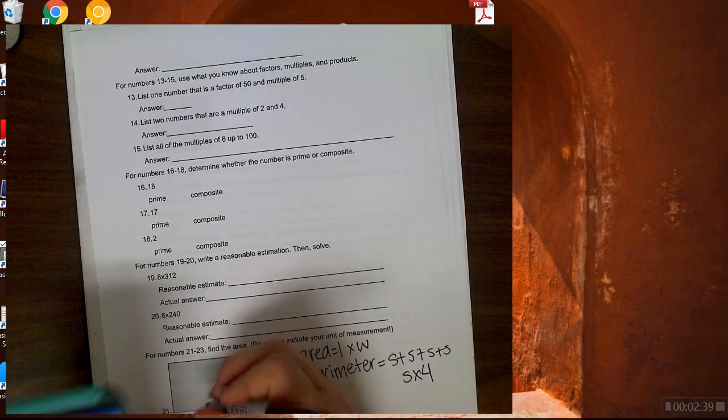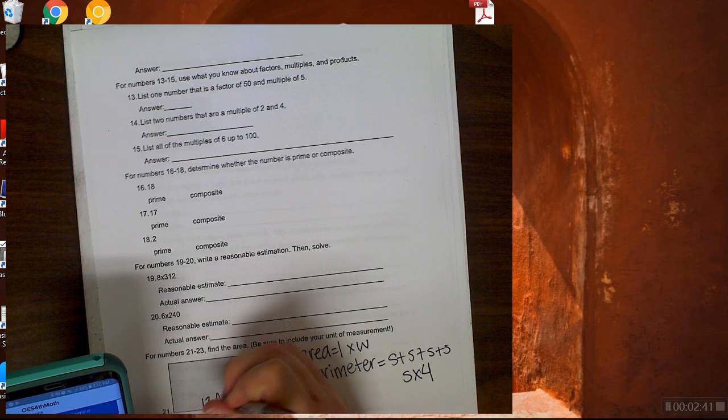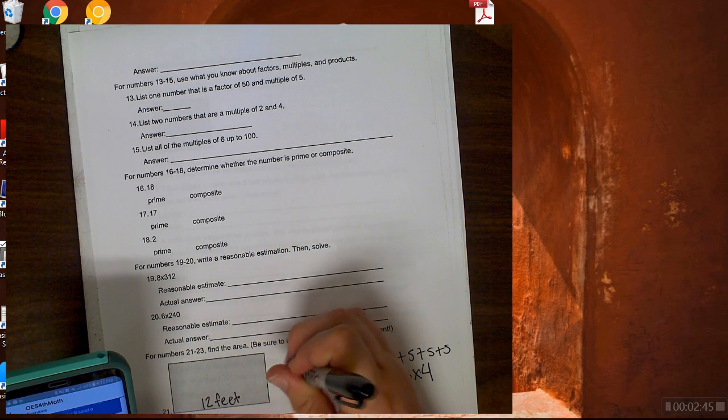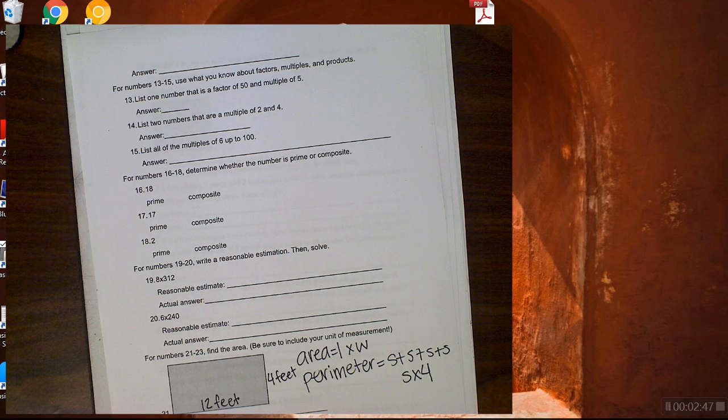Now for 21, it's going to be 12 feet long and 4 feet wide. Now when we're finding area, of course we just do length times width. Pretty simple. I did try to incorporate 2-digit numbers because they are working on the 2-digit times 1-digit multiplication.